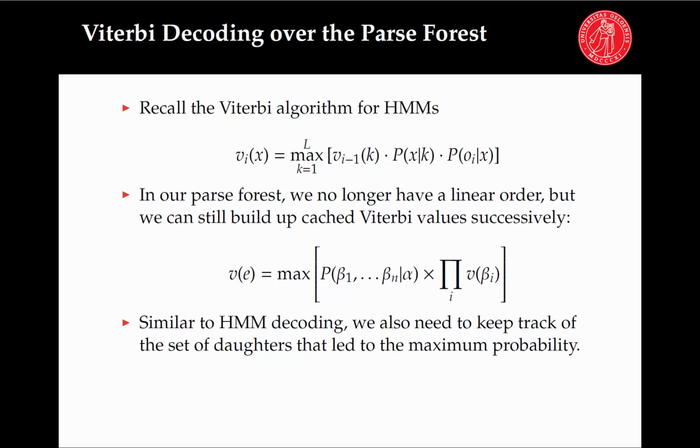So this is the rule probability, beta 1 to beta n given alpha. These are the probabilities we estimated from the PTB. Times the maximum probability of any of the daughter edges, or the maximum probability of deriving beta I for all I between 1 and n as daughters in this configuration.